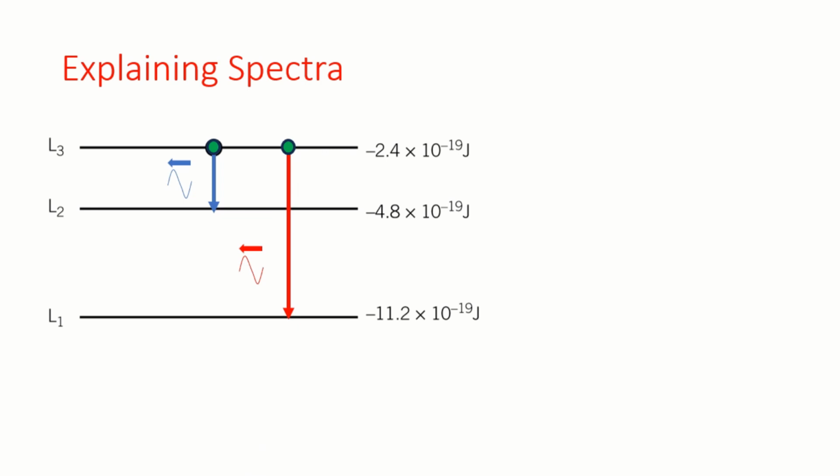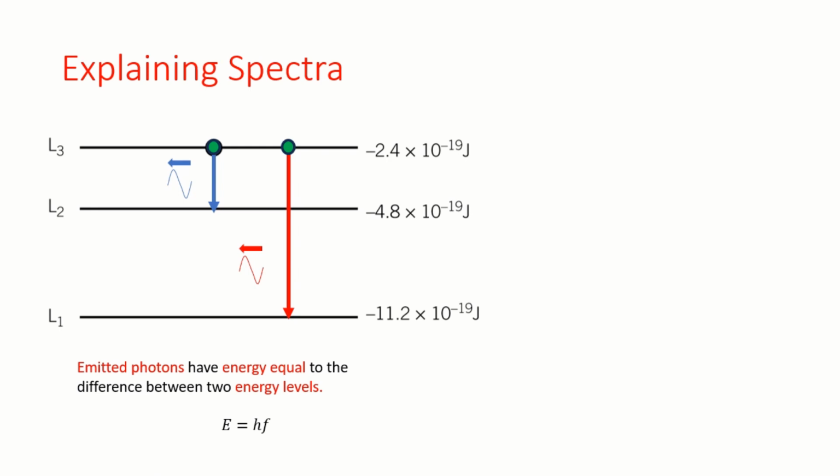It could also go from the L2 to the L1 level, giving out another photon. So each time an electron drops down between two energy levels, it throws out a photon, and that photon carries some energy, and that energy is equal to the difference between the two energy levels.